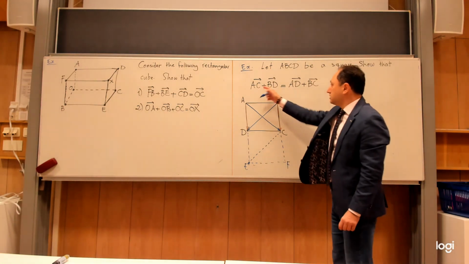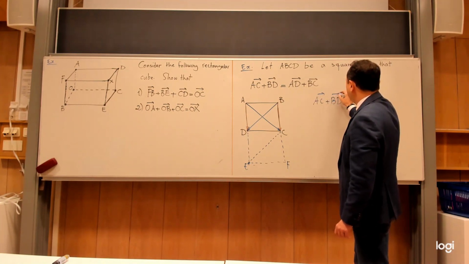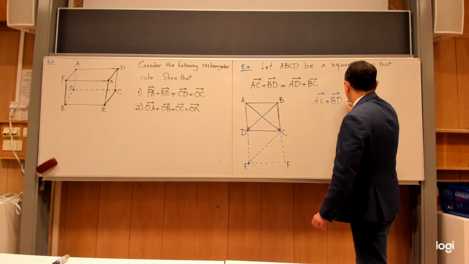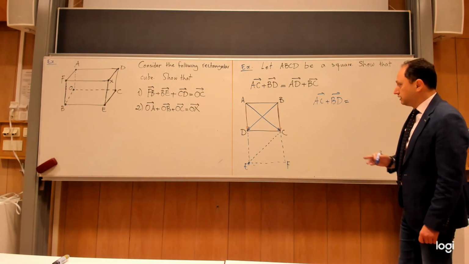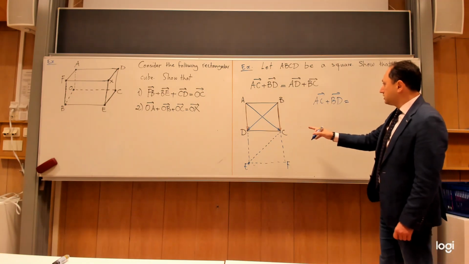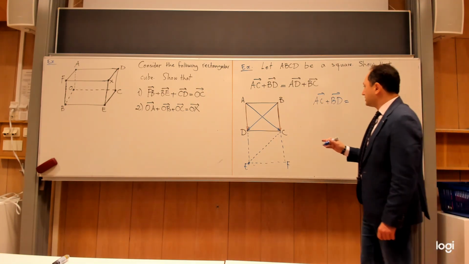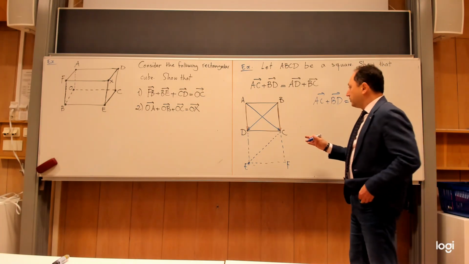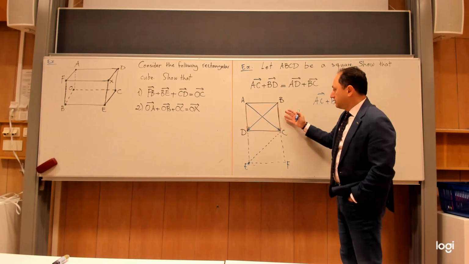Okay, so you are talking about AC plus BD. According to the figure that you have constructed, what is the answer to this? Do you have any answer here? AC plus BD. Okay. So now I understand what you are saying. Yeah, that's correct. So you are saying that I actually reflect this about this line.